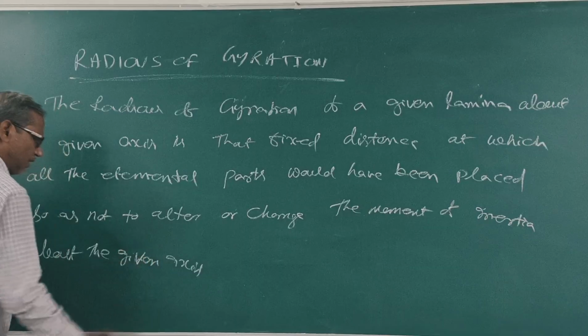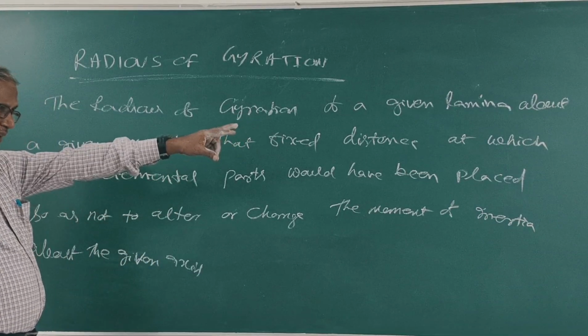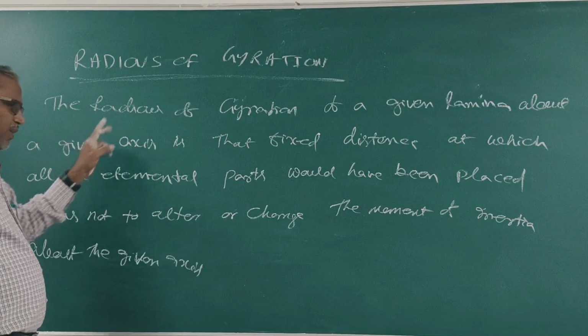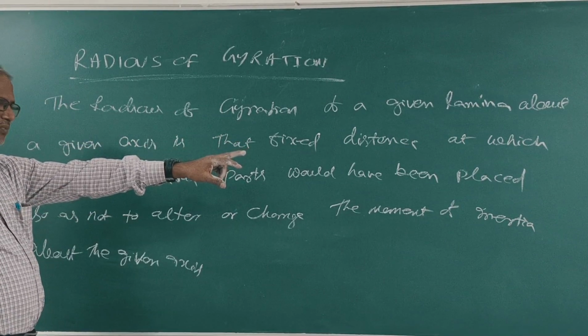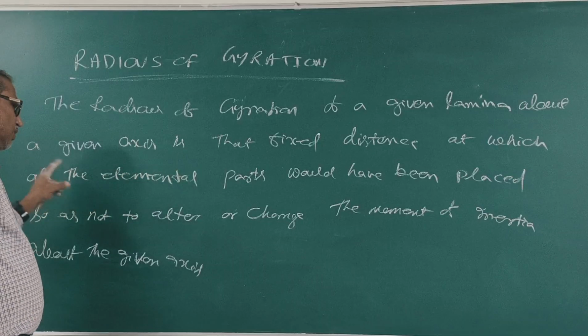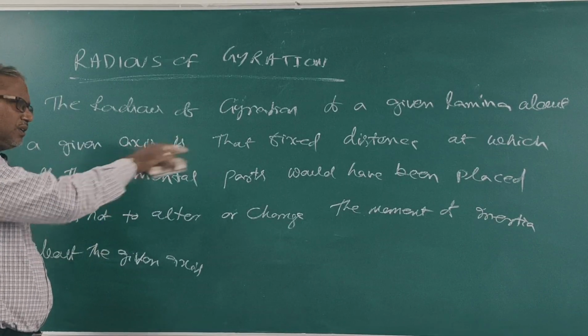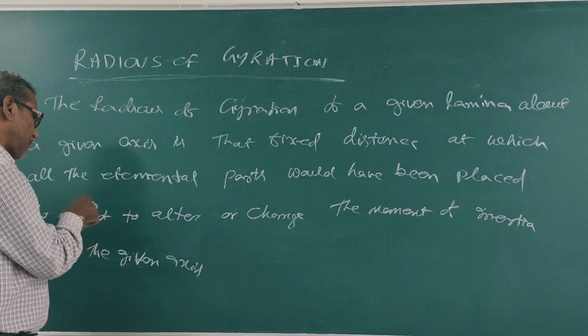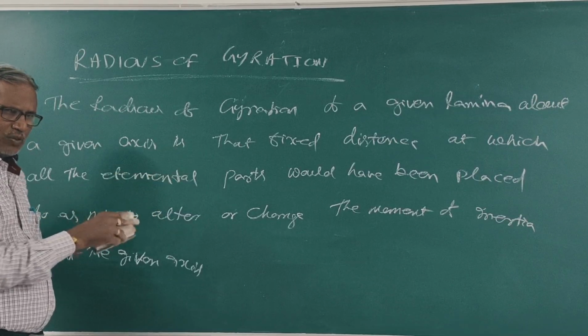Clear? So the radius of gyration of a given lamina for a given axis is that fixed distance at which all the elementary parts have been placed so as not to change the moment of inertia about the given axis. Clear?